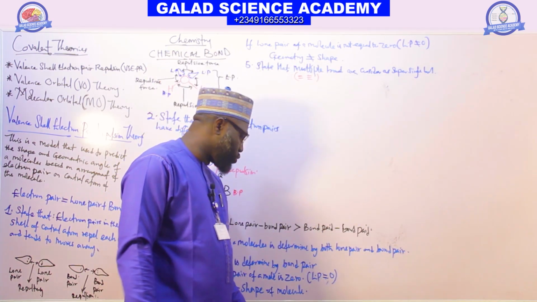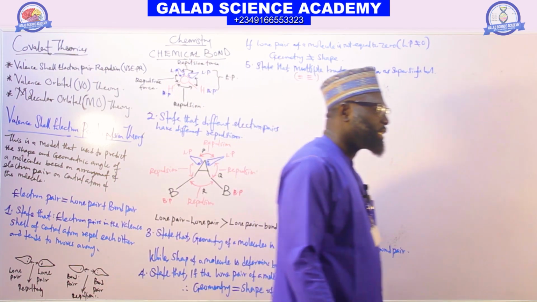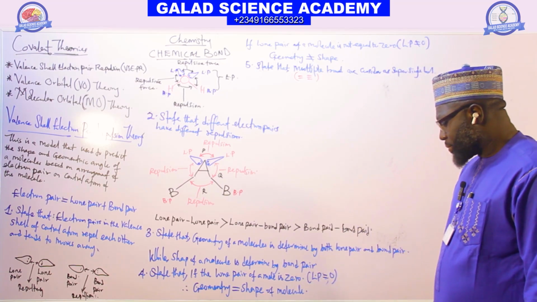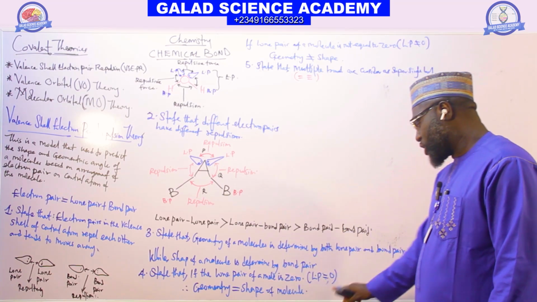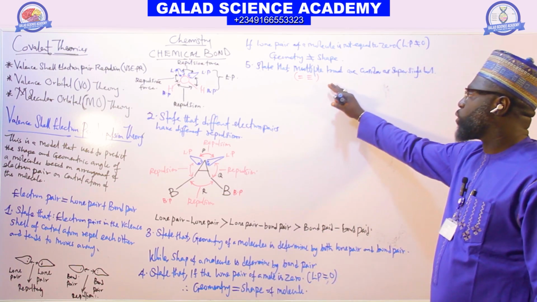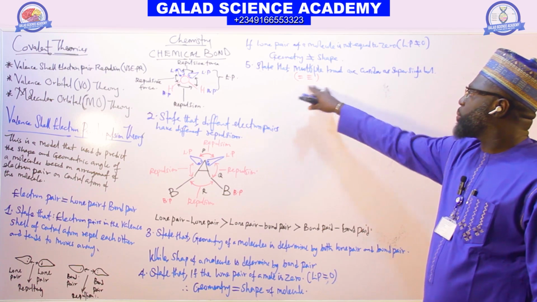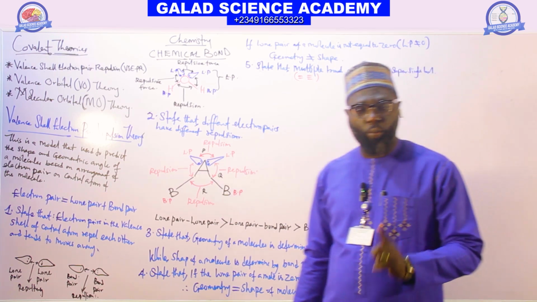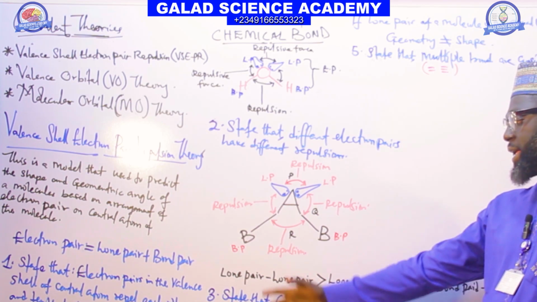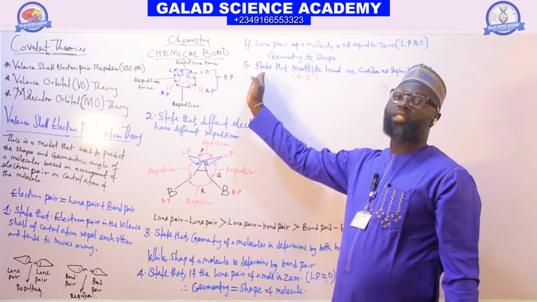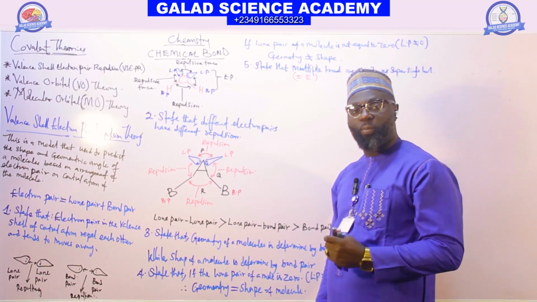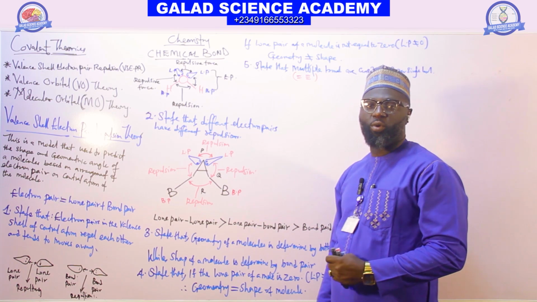Next, if lone pair of an electron is equal to 0, geometry and shape are equal. The fifth, multiple bonds are considered as a single bond. So let us look at how we are going to apply these 5 postulates of VSEPR to predict the geometry and the shape of a molecule.